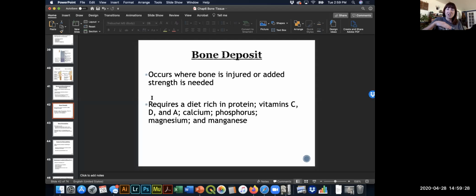When women in particular become menopausal and you have less estrogen in your system, you end up having your osteoclasts doing more than your osteoblasts, which means that you're tearing down more bone than you are building up, which leads to osteoporosis, right? So that's why older women are at a greater risk of osteoporosis than anybody else.